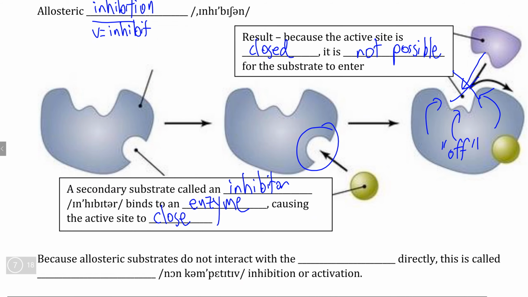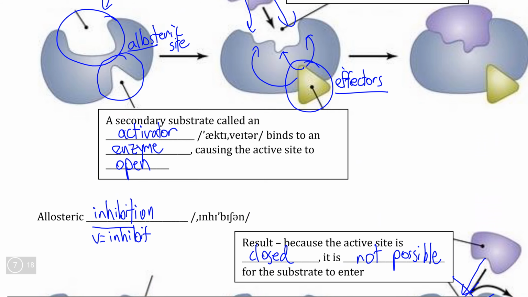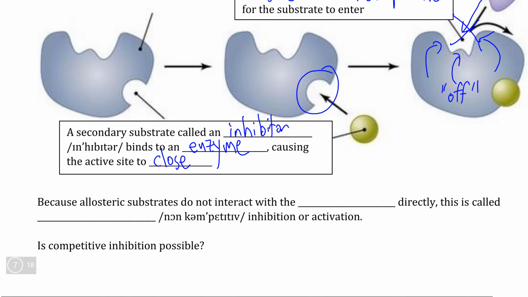And this is a good way for the body to regulate its own catalysts without having to constantly break them down and make more of them. Instead, it can simply turn them off by adding an inhibitor or turn them on by adding an activator.